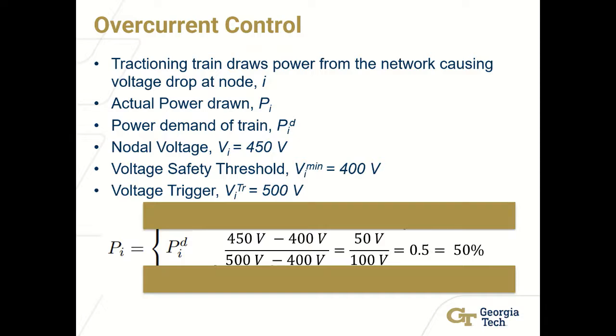Alternatively, you can imagine that if instead of 450 volts at our node, we have 401 volts, our denominator is going to remain unchanged and our numerator is now going to be 1 volt, which is going to leave us with 1%. So the conductor would be getting 1% of the power they request when our nodal voltage is just 1 volt above that safety threshold in this example.